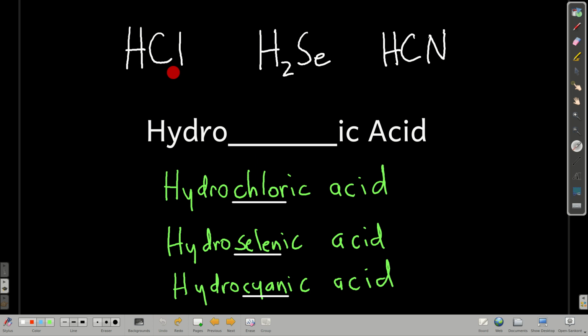Chloride is the anion, the root is chlor, so we write hydrochloric acid. This one here, the anion is selenide, so we say hydroselenic acid. This is one of the polyatomic ions that I asked you to memorize. It's called cyanide, so it's hydrocyanic acid.